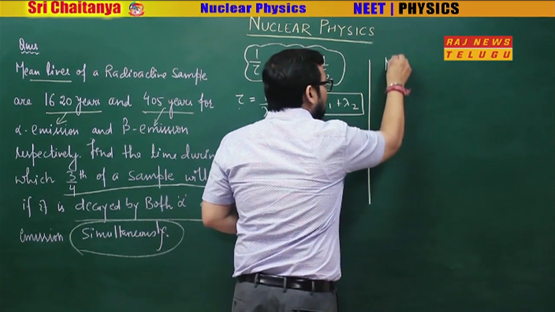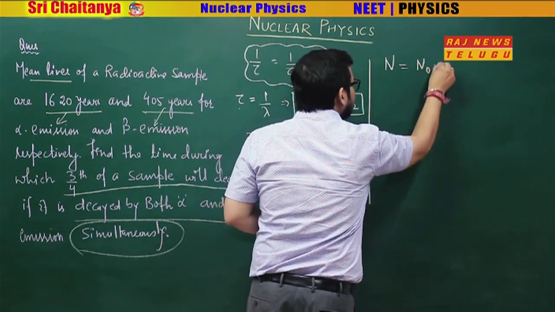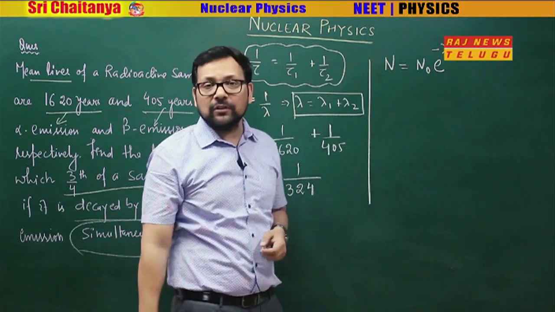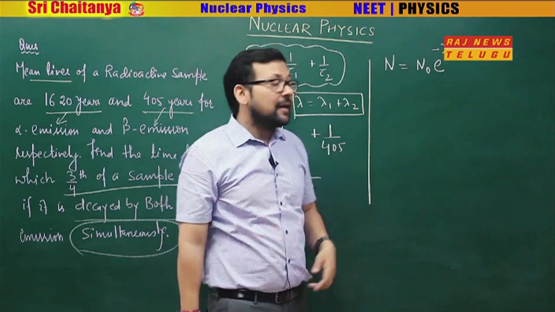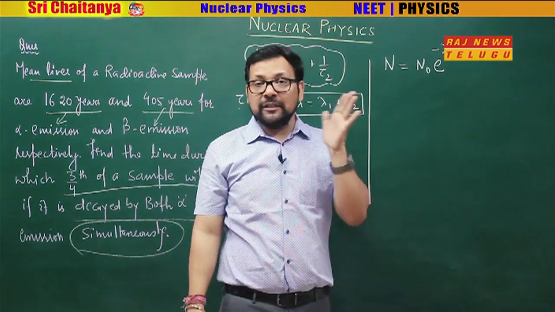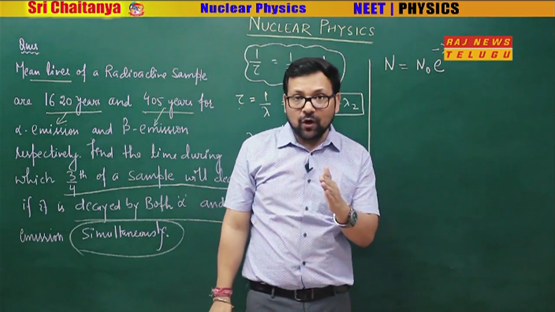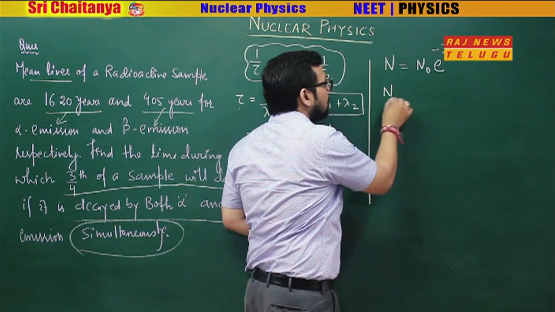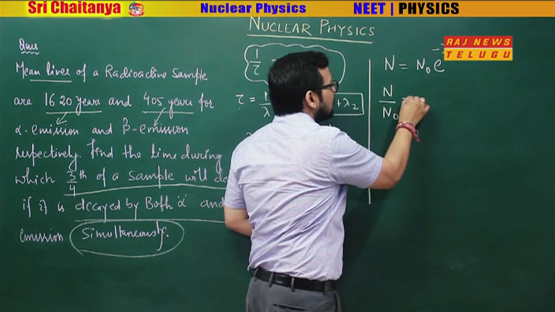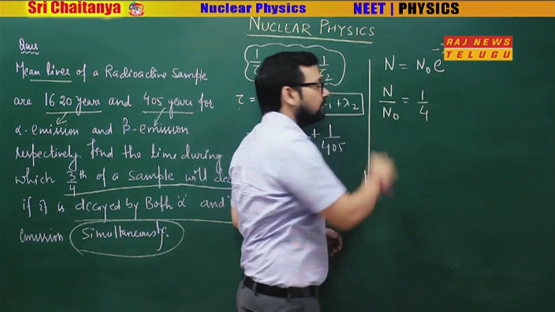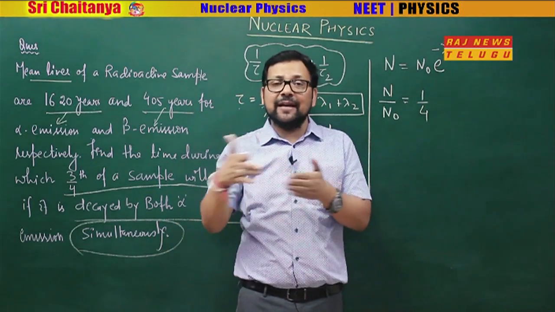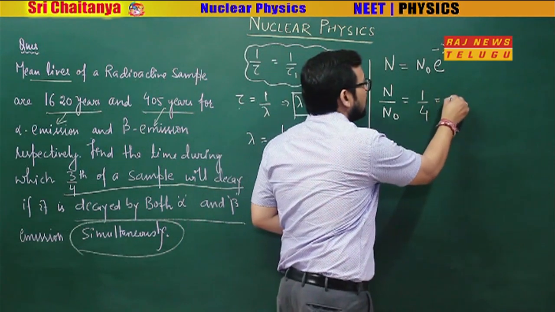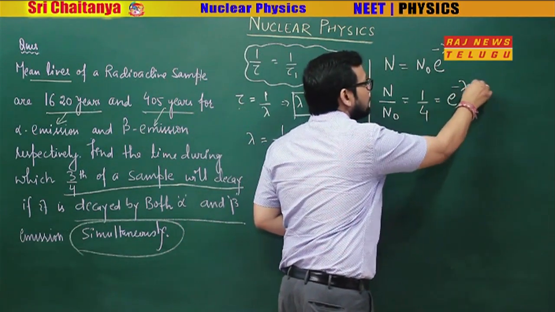Now using the formula, N is equal to N naught e raised to power minus lambda t. This is the exponential formula for the law of radioactive decay. Don't forget, N was what is left. So N by N naught is 1 by 4, since 3 by 4 have decayed, and this is equal to e raised to power minus lambda t.